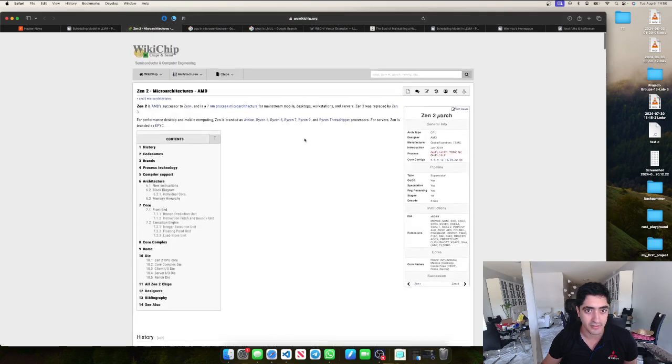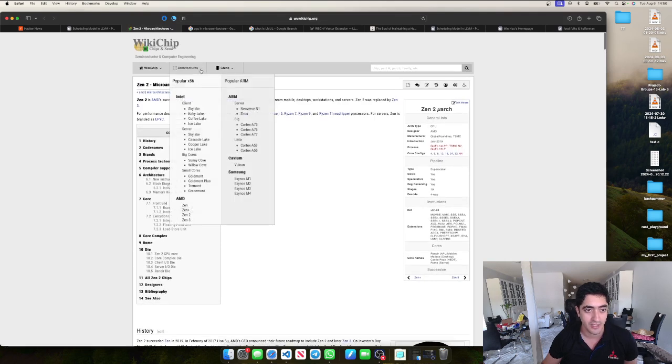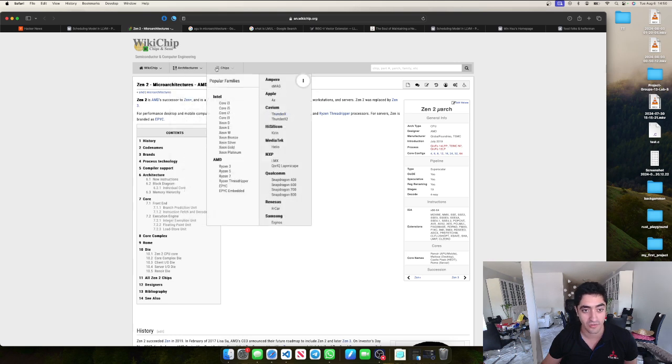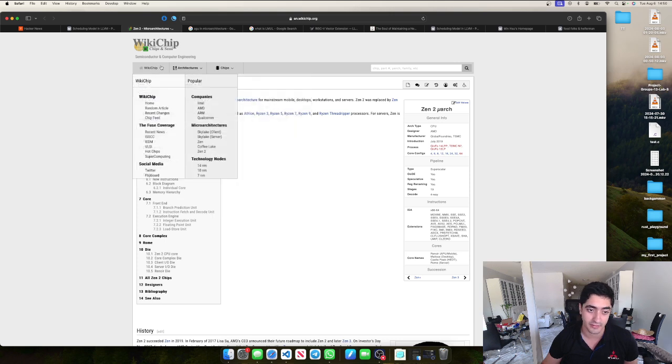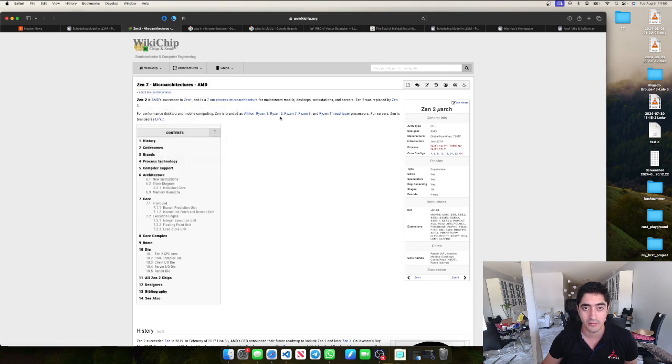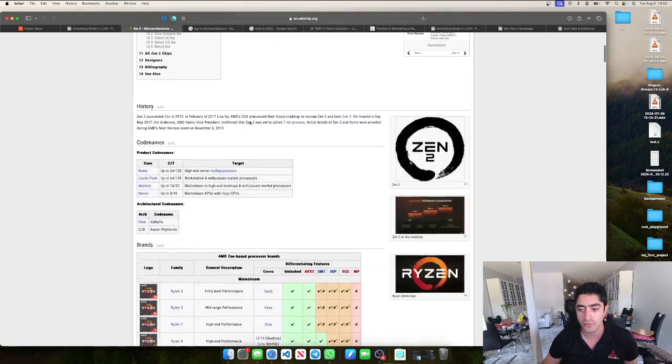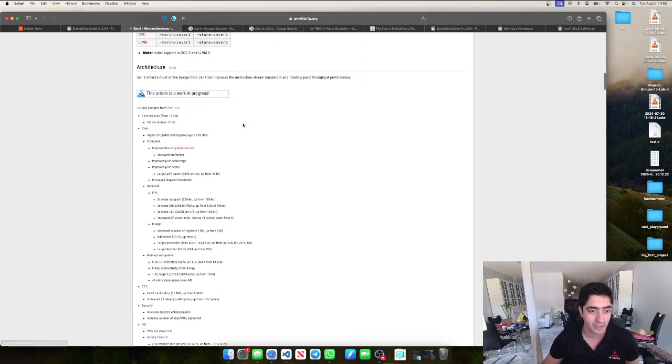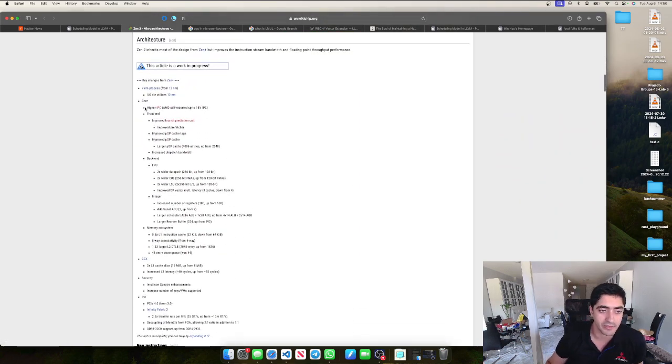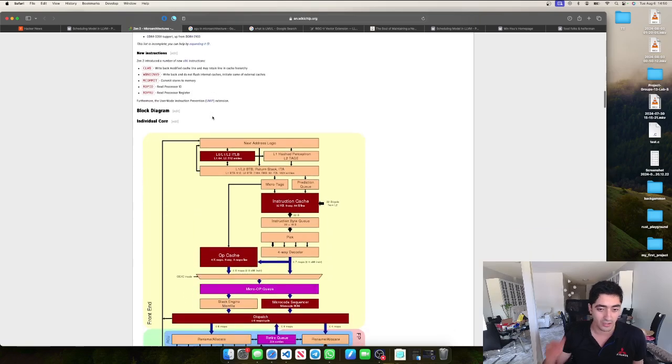Block diagram. This is crazy. Architecture. Chips. This is crazy. What? Who's editing this? Well, okay, I guess Wikichip is great.